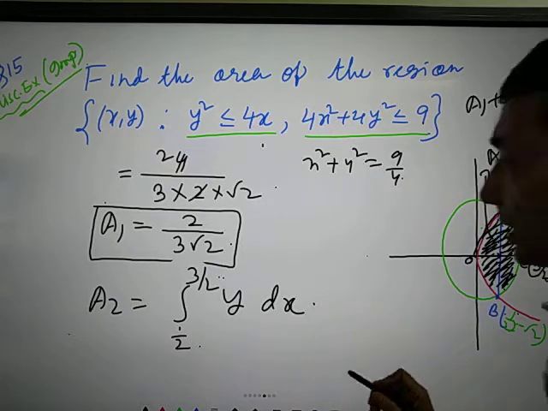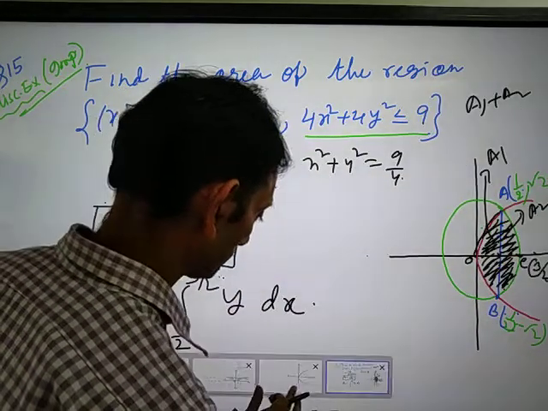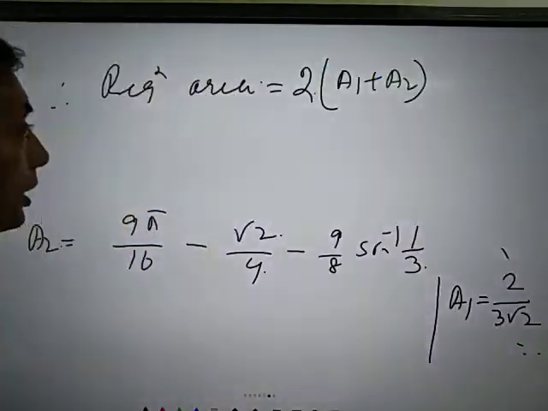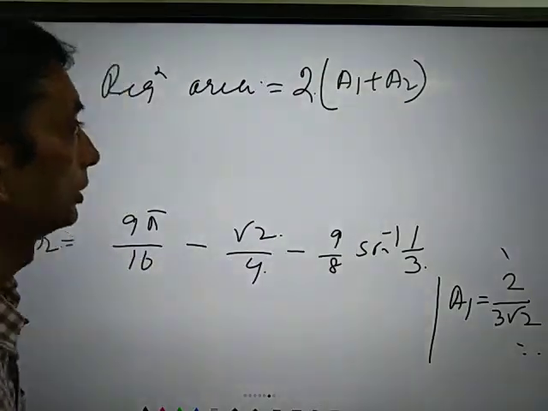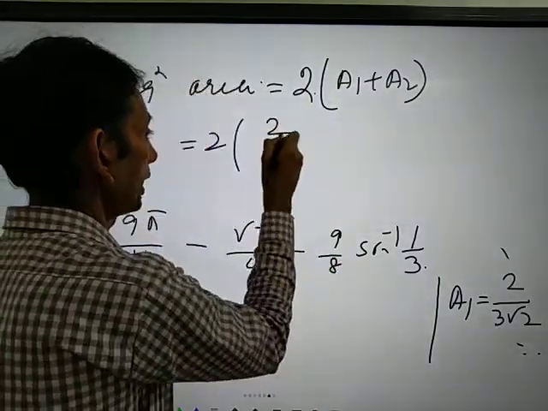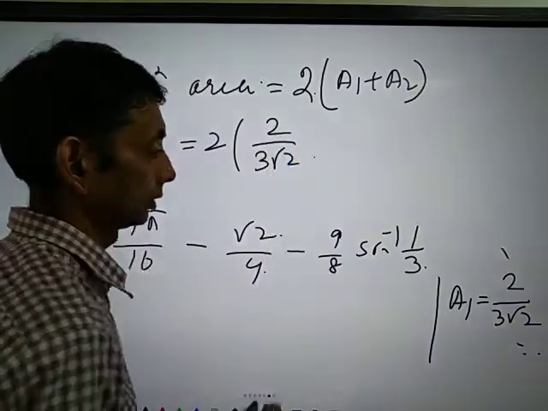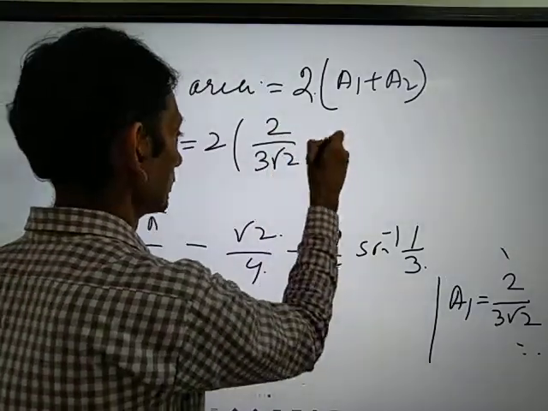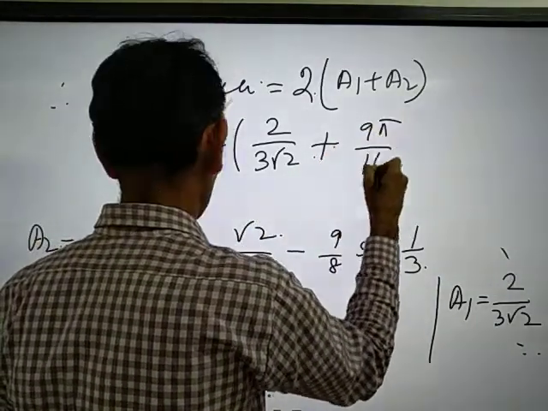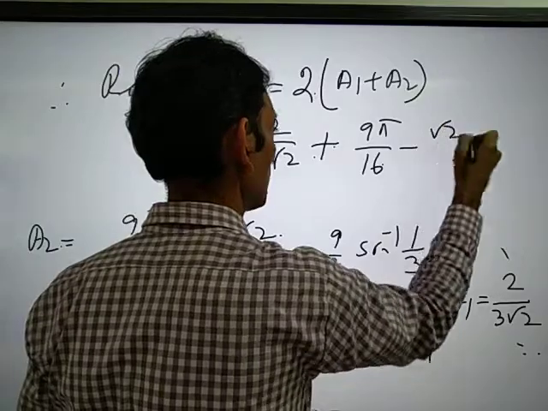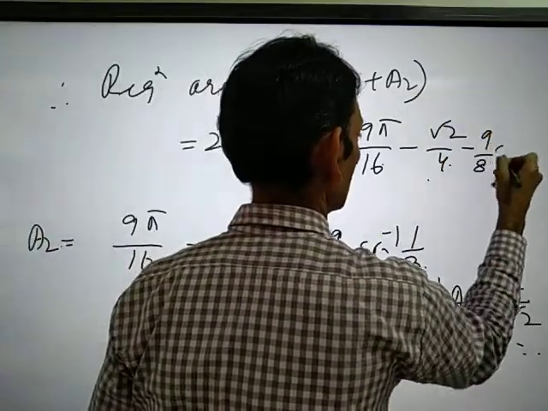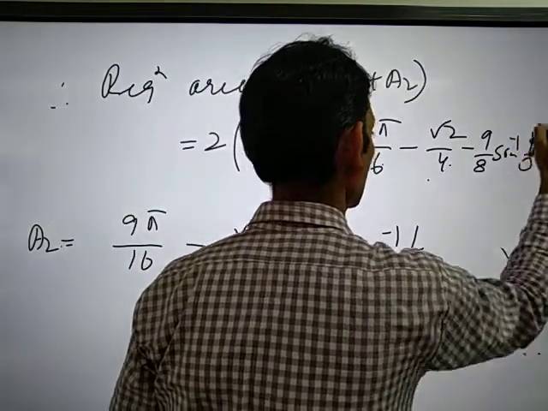So we can write this step this way: 2 into A1 plus A2. We need to simplify. This is 2 by 3 root 2, plus the A2 value 9 pi by 16, then minus root 2 by 4 and minus 9 by 8 sine inverse 1 by 3.